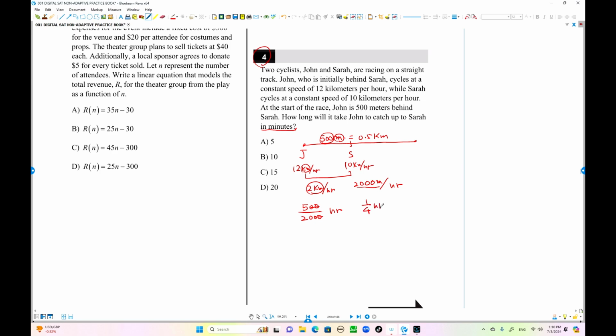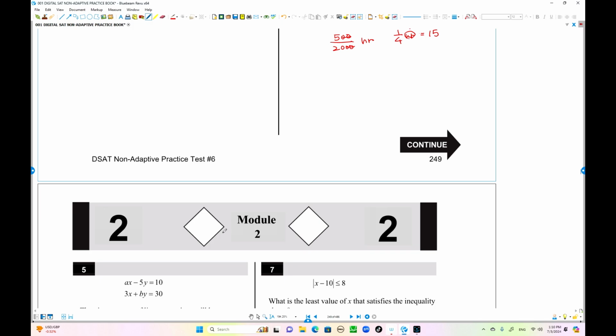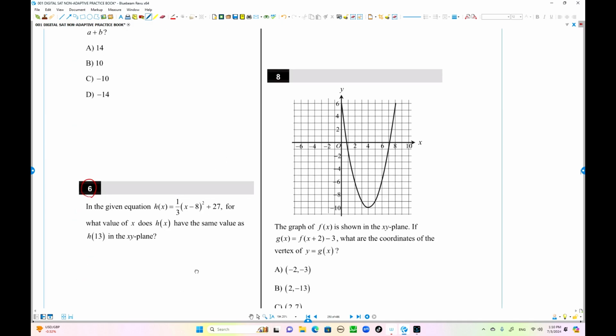But we have to answer in minutes. Times 60, an hour is 60 minutes. 1 quarter times 60 is what? 15 minutes, right? To catch up the 500 meters, okay?